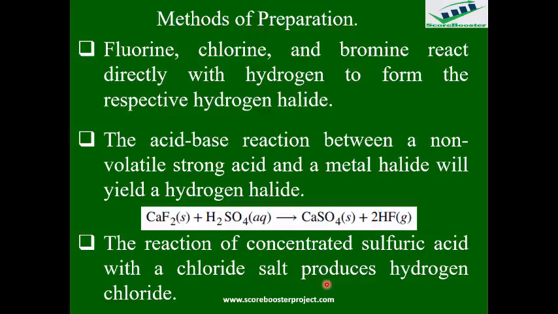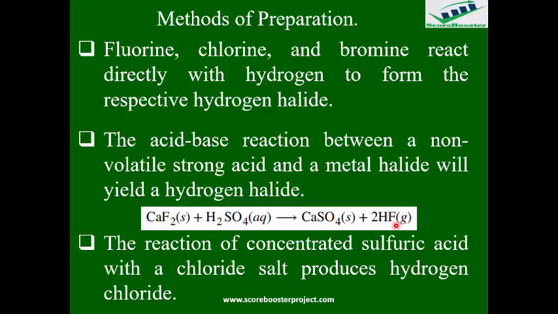Another one is when you have a strong acid with a metal halide, like fluoride, like iodide, like chloride. When you have a strong acid, there's going to be a replacement reaction. Then you have your hydrogen halide compound.